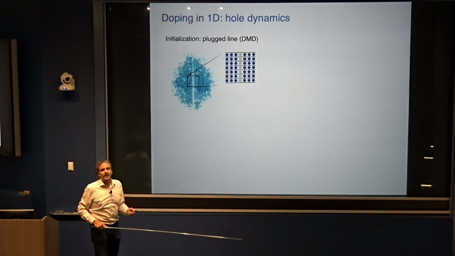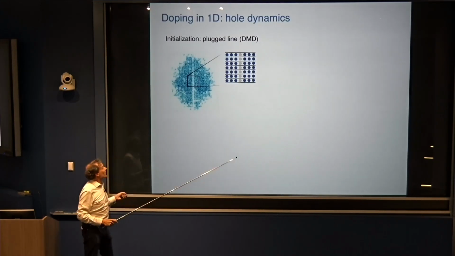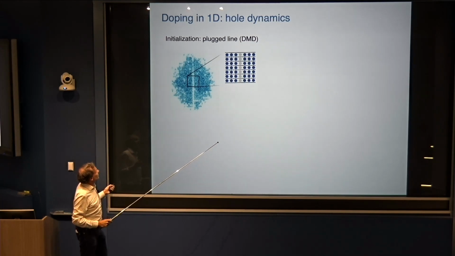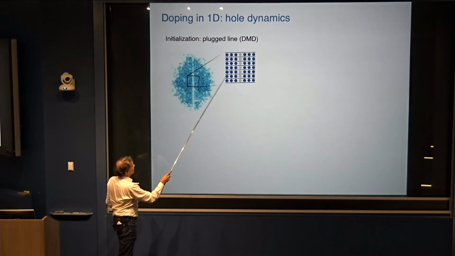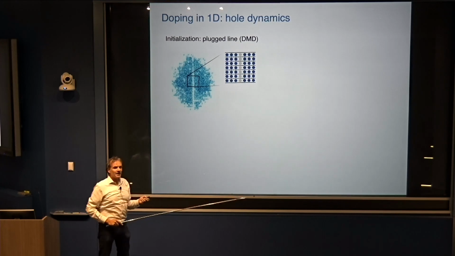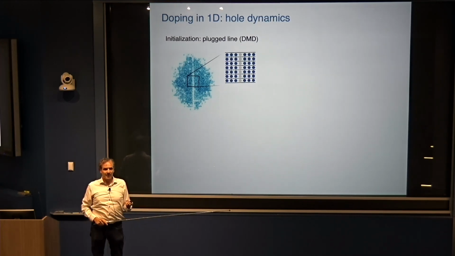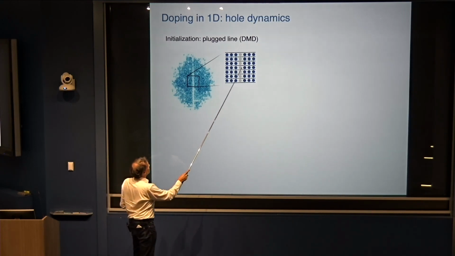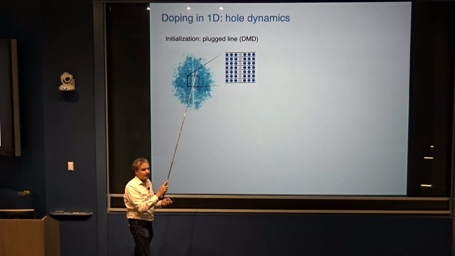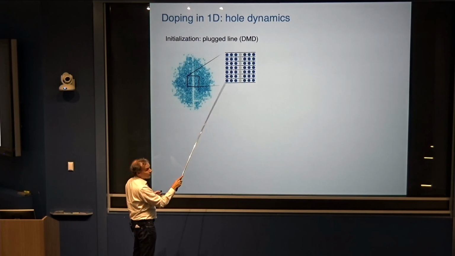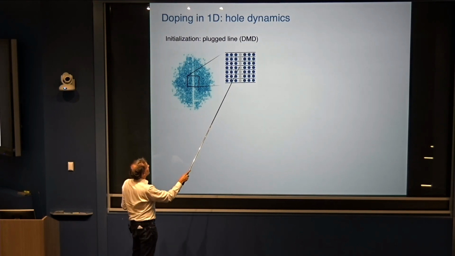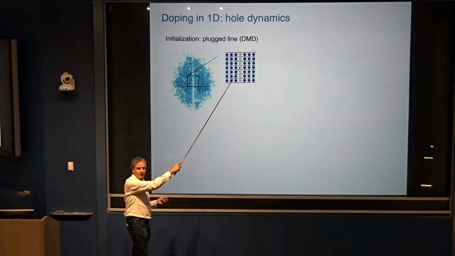The physics there is really quite rich. If you have one-dimensional lattices, like you can see here, we can do a very similar experiment to what I showed you earlier with the quantum walk. But here, I have each lattice site filled with an atom in this Fermi-Hubbard model. There are also two spin states, which I don't show here. But then I keep one lattice site empty. We call this a hole.